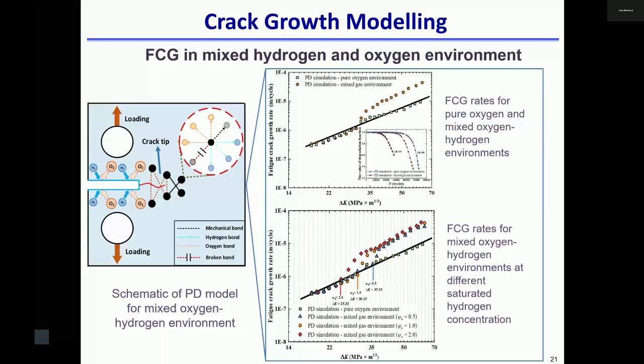So you can see the prediction on this side. At the beginning, it is purely oxidation dominated. At a certain delta K level, you can see the hydrogen effect take place. You can see the sudden increase of the fatigue growth rate. So this is the simulation side.